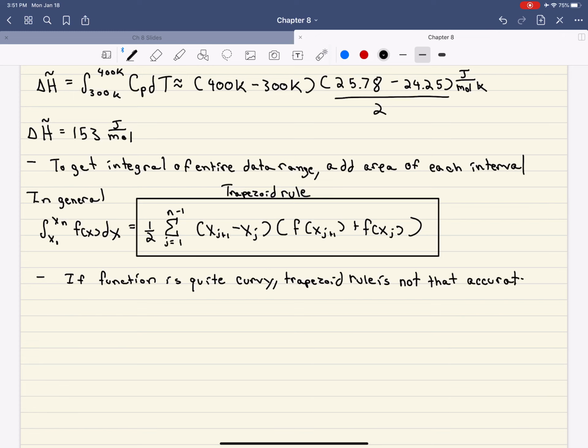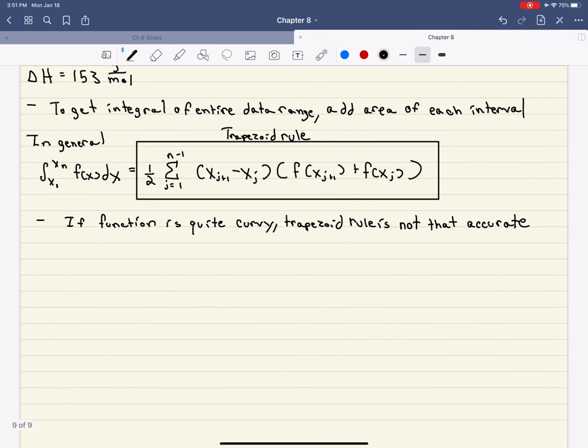So for example, if I draw another sketch, we have a CP versus T, and I'm going to exaggerate it a bit. We have a function like this, and our two data points were here.